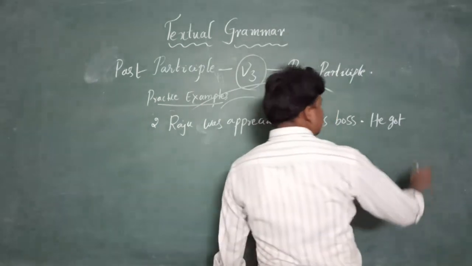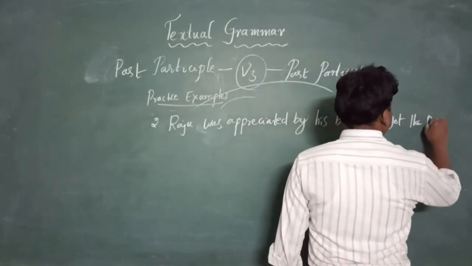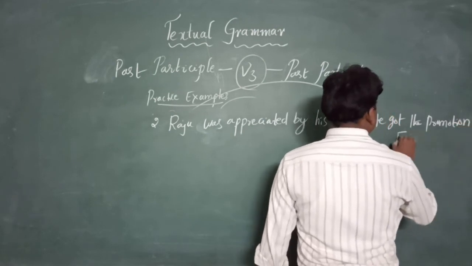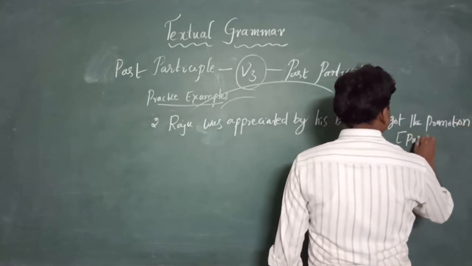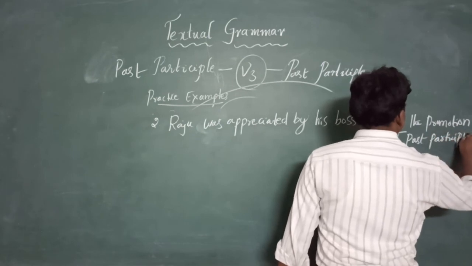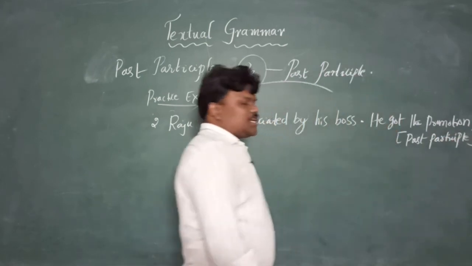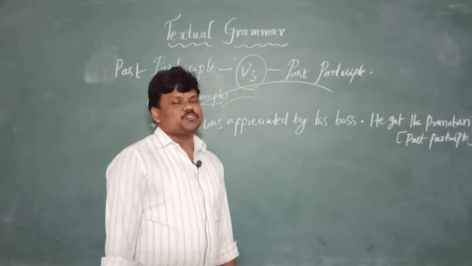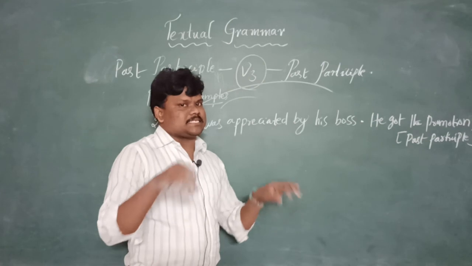He got the promotion. We need to combine the two sentences with a past participle. Past participle is known as V3, as your sir said. You should remember this immediately.